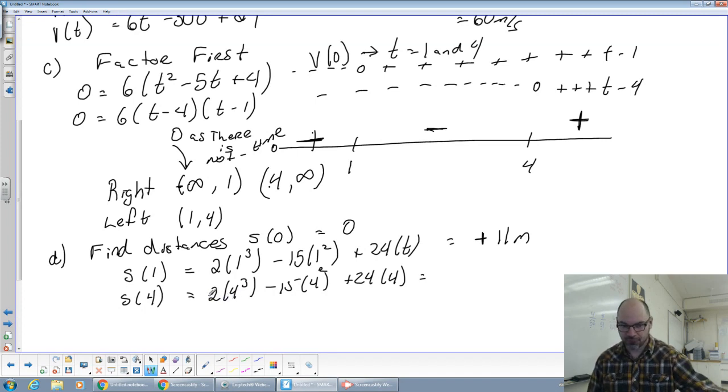Let's get the calculator for this one. 4 cubed is, okay. Oh boy, wrong button there. There we go, that's better.